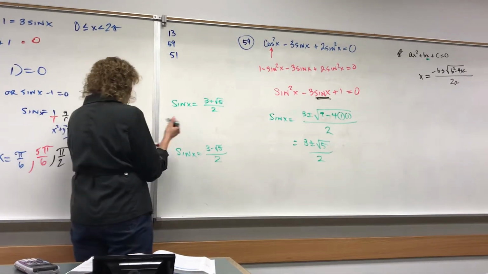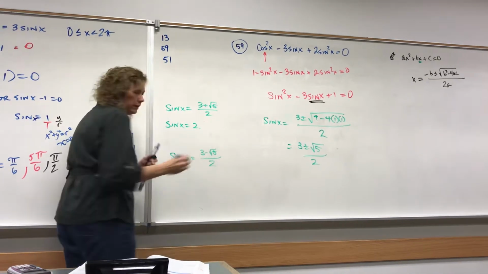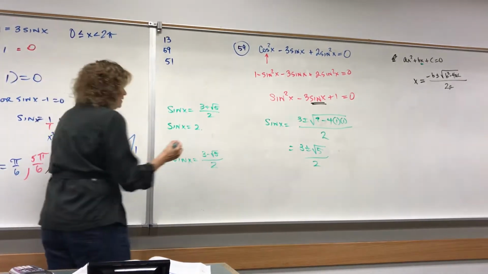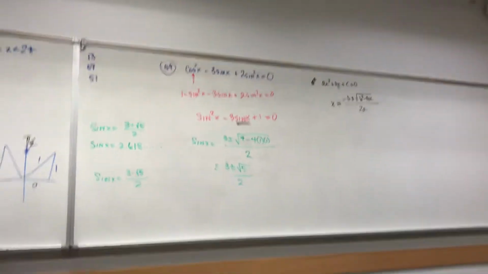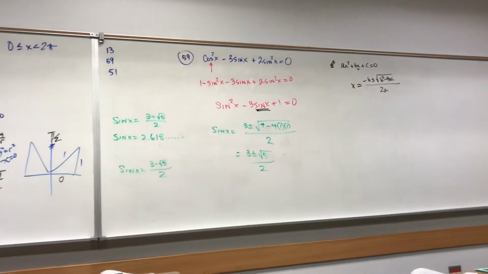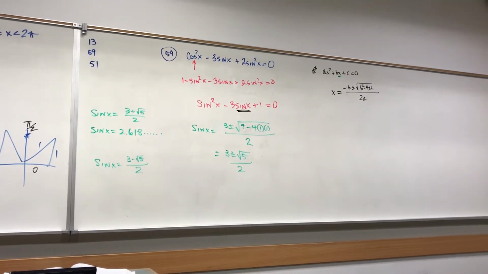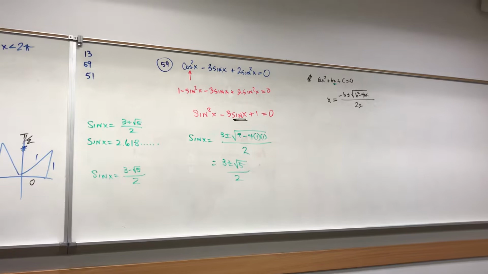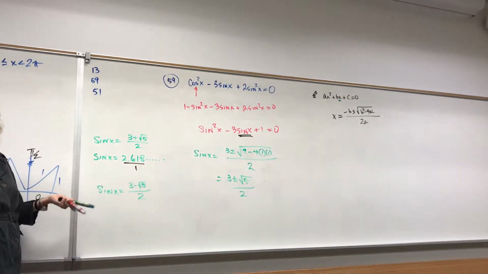Do not round in the middle of the problem. Sine x equals 2.618, blah, blah, blah. You may not chop decimals off at this point in time. However, if we thought about this, and say I need to make myself a fraction because I need y over r.